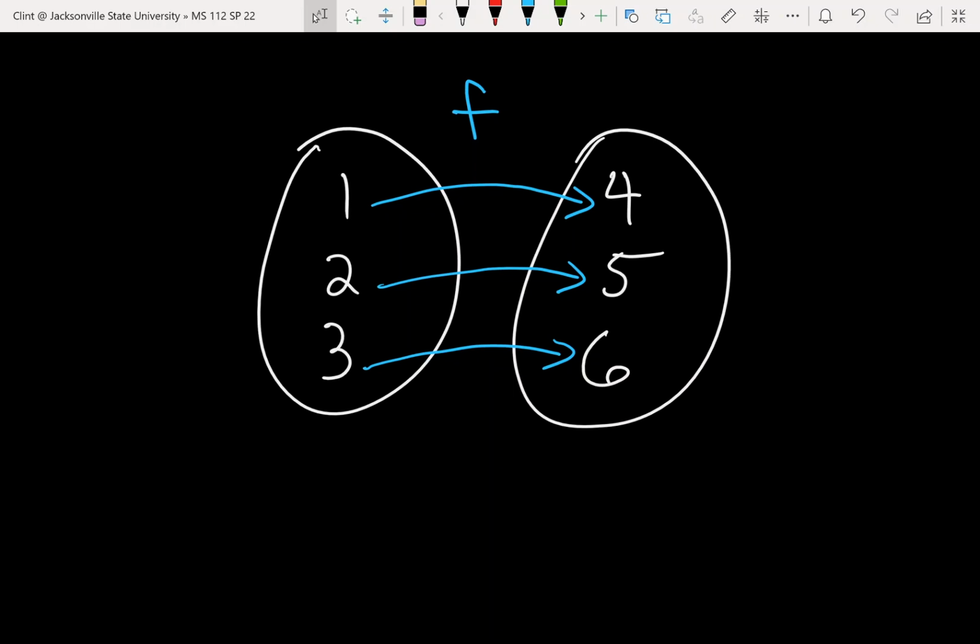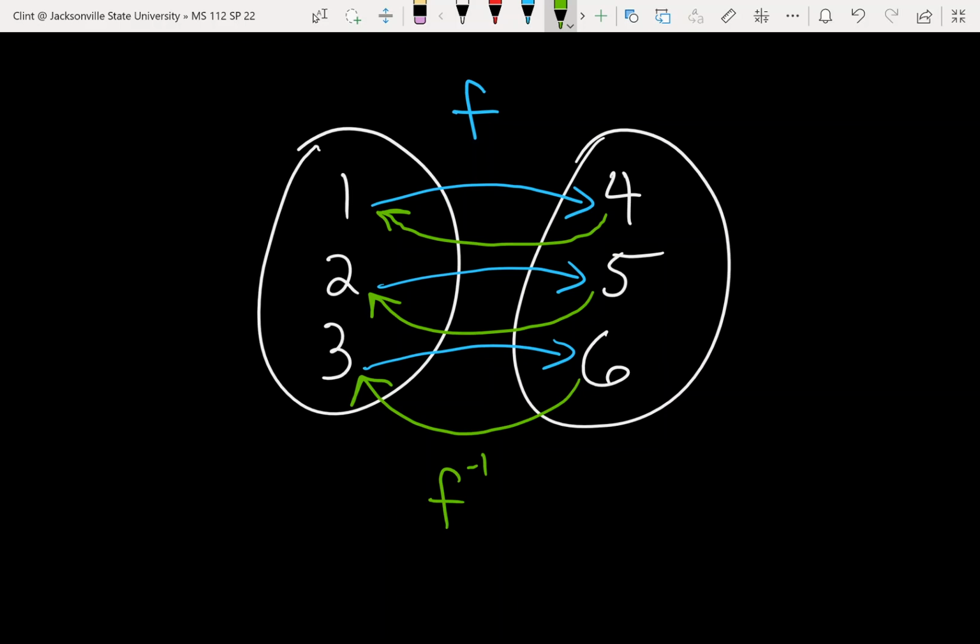Then the inverse function of f, we write it like that, is going to do just the opposite. It would start with 4 and send it to 1, start with 5 and send it to 2, start with 6 and send it to 3. Okay. So that would be an inverse function in that case.